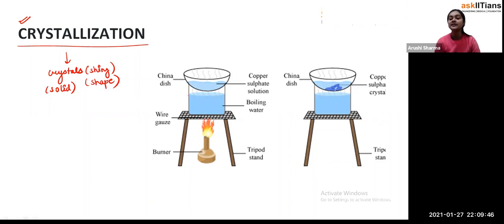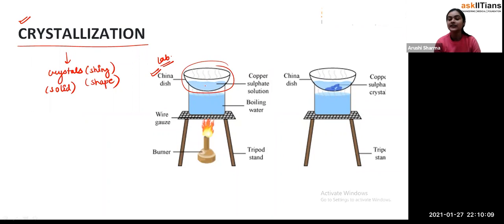Now you will say, ma'am, in crystallization what do we do? So my dear student, as you can see, this is the copper sulfate solution in this china dish. This china dish you can see in the laboratories. This is the boiling water, passing the heat to this bowl. When you start heating it, students, what will happen?